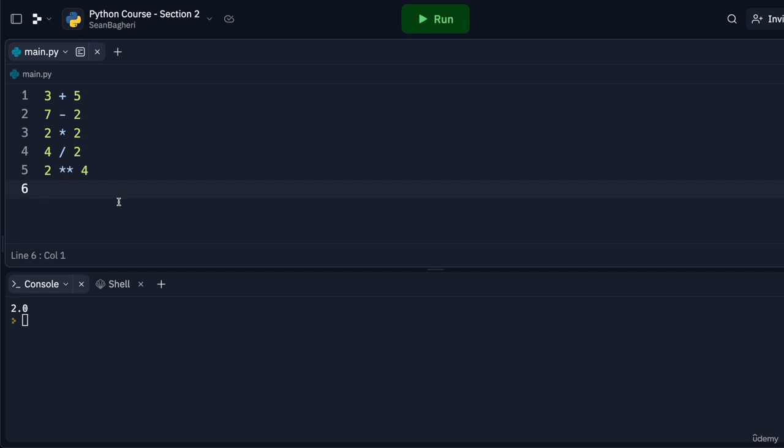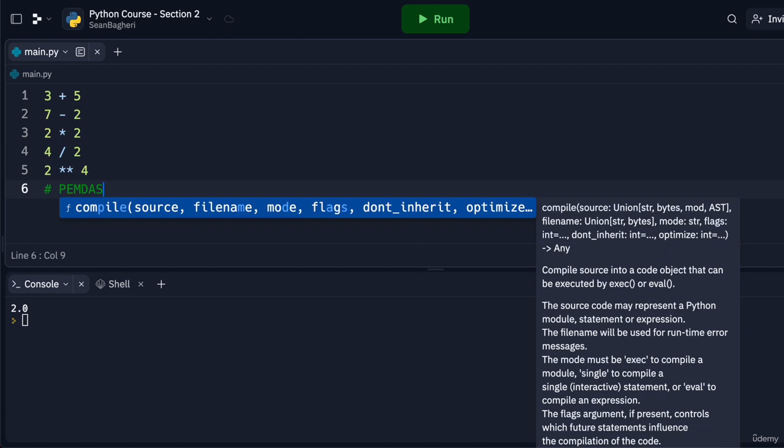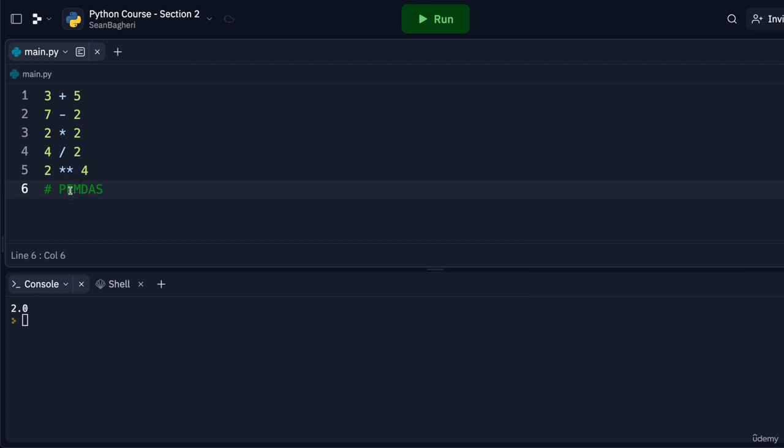And in Python, this is what you want to remember. This is actually something I think they would teach you in elementary school as well. PEMDAS. That means parentheses, okay, and then exponents, or essentially the powers, right? And then multiplication and division, and addition and subtraction.